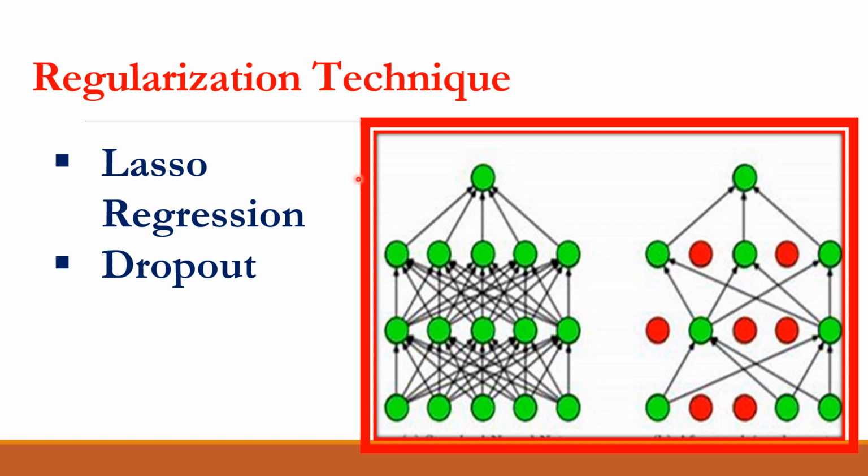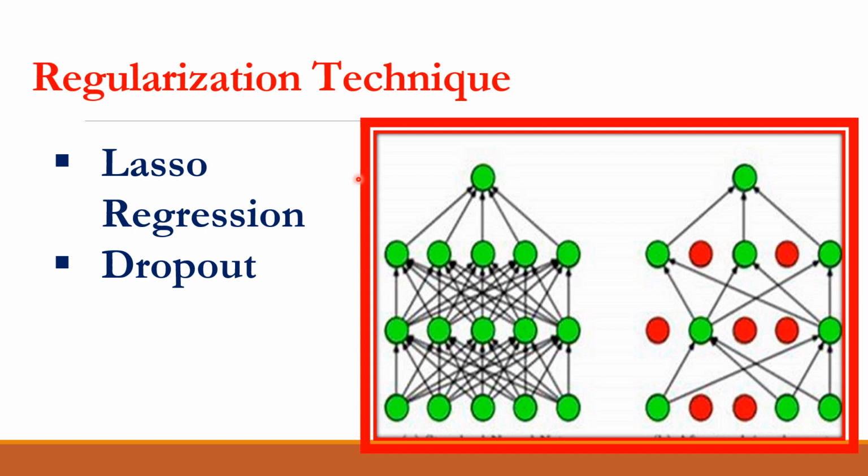Then comes dropout. Dropout is a regularization technique that randomly drops units, or neurons, or connections in the neural network during training. This prevents the network from relying too heavily on a specific unit, forcing it to learn redundant representations and reducing the overall complexity. It's like having a game of Operation with your neural network.